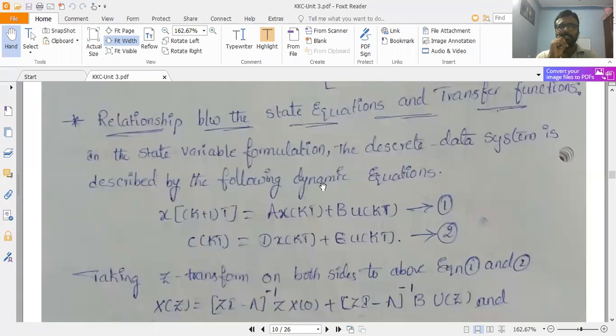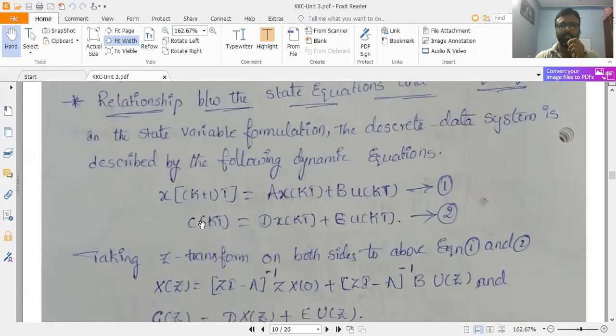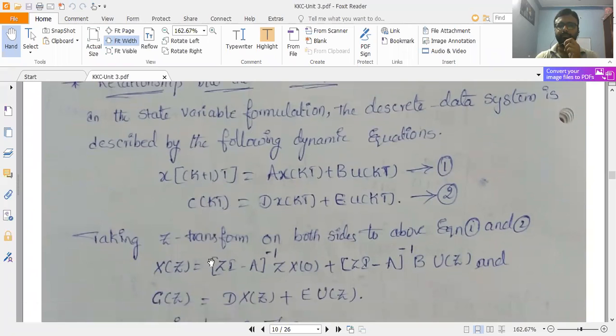Just taking the Z transform of these two equations, we get x of z equal to (zI minus A) inverse into z into x of 0 plus (zI minus A) inverse into B into u of z, and c of z is D into x of z plus E into u of z.